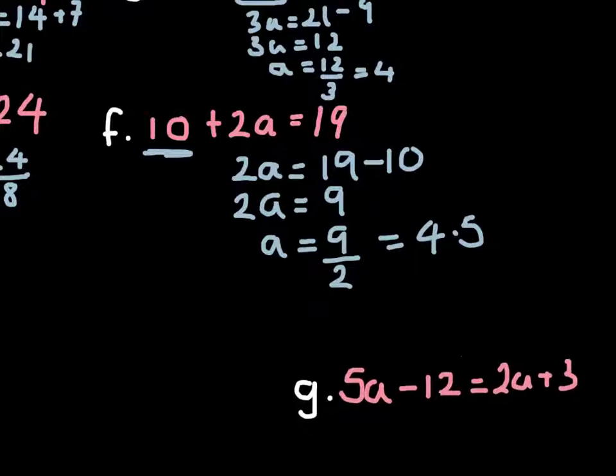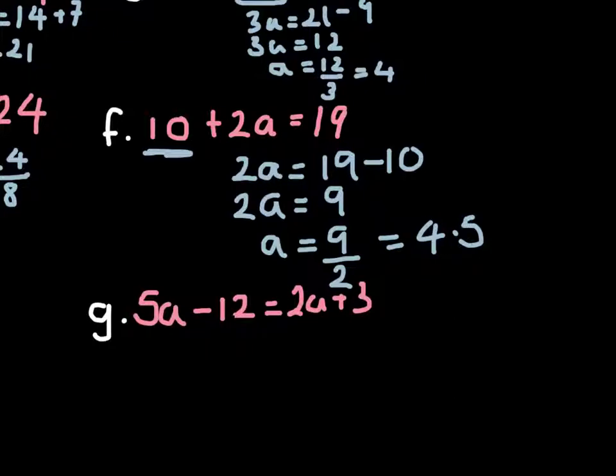Okay, and the last one we've got there is 5A minus 12 is 2A plus 3. Now we're going to move two things over. First of all, I'm going to leave my 5A there, and I'm going to move my plus 2A, and it's going to become minus 2A equals 3.